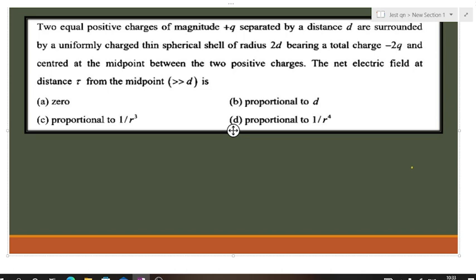The net electric field at a distance r from the midpoint. So let us draw the figure.